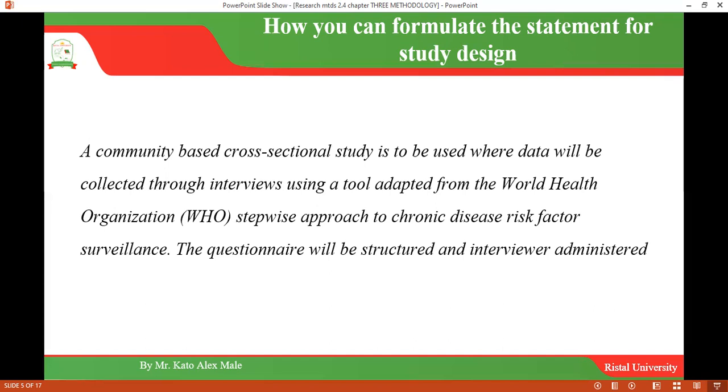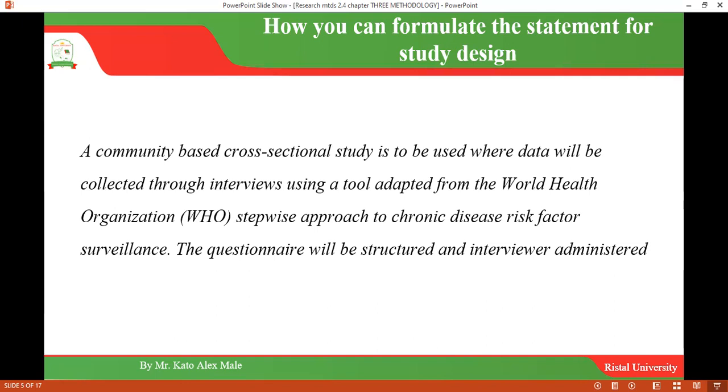Like I've told you, you talk about the design and then the tool. In this statement, you shall have talked about the tool, that is the questionnaire, and the type of questionnaire: it is structured and will be interview administered, meaning individuals will not read for themselves and answer. It's you to read and then they answer, and you fill in the questionnaire. I also talked about the design being a cross-sectional study design, and where I adopted it from.